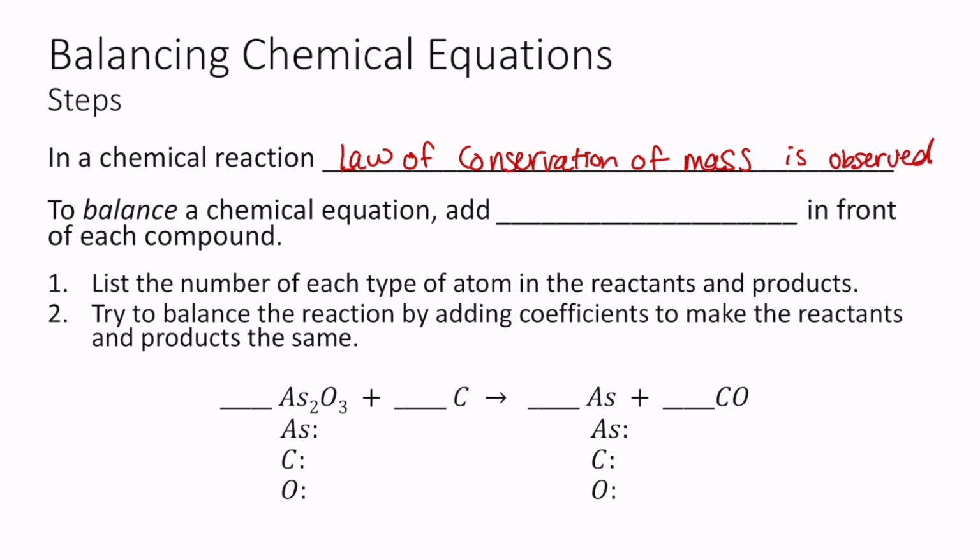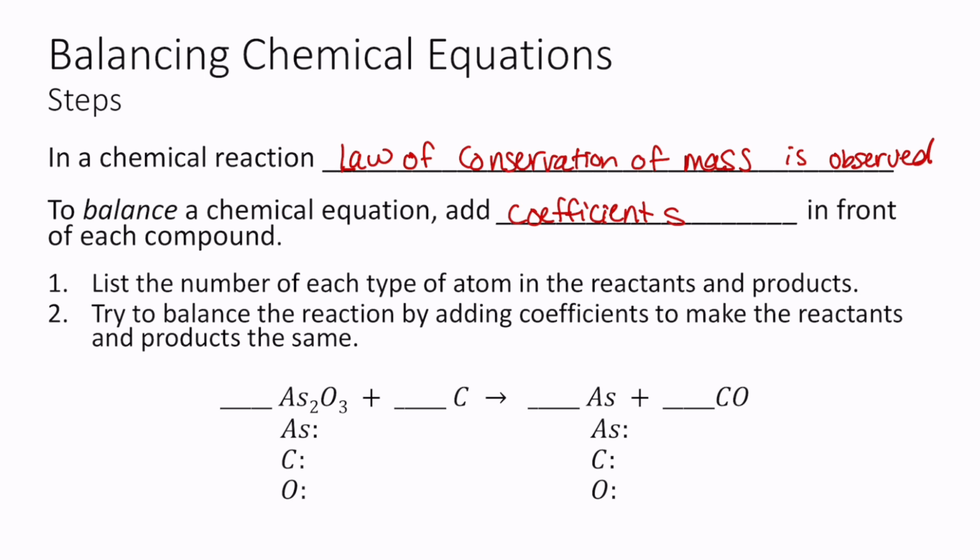So, for that reason, the reactants and the products within the chemical equation must have the same number of each type of atom. Now, to balance a chemical equation, we add coefficients in front of each compound.